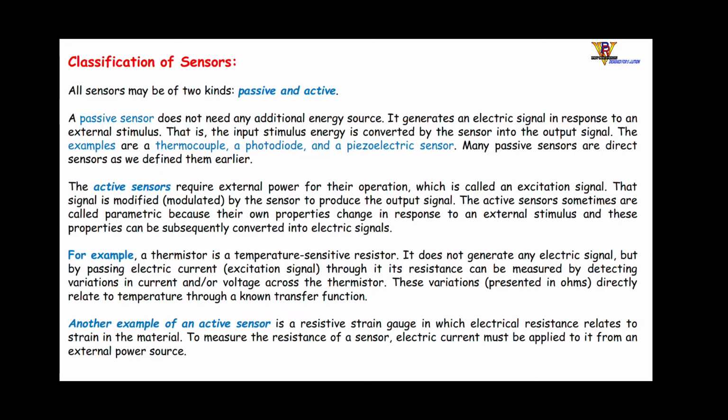Hello everyone. This is our new lecture, and in this lecture we will study the different classifications of sensors.